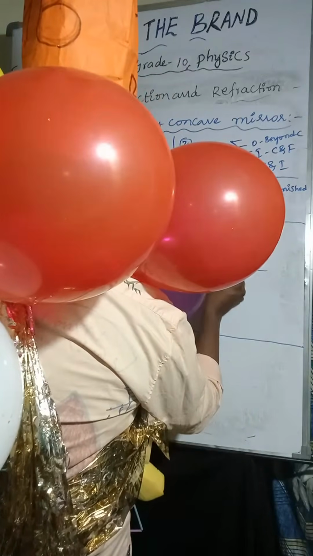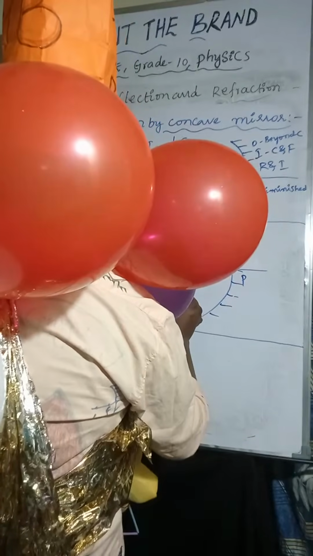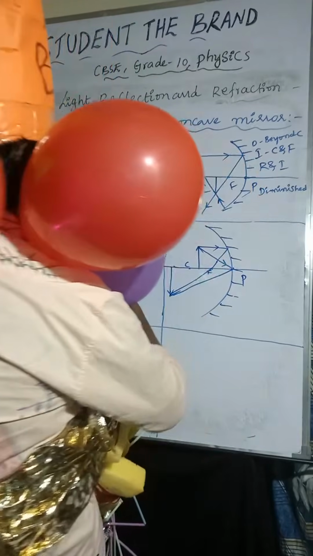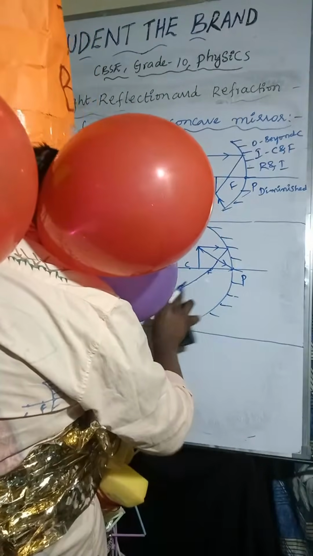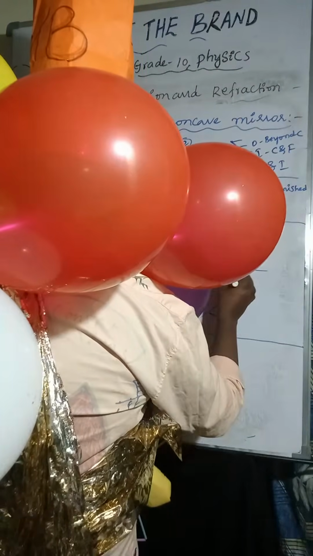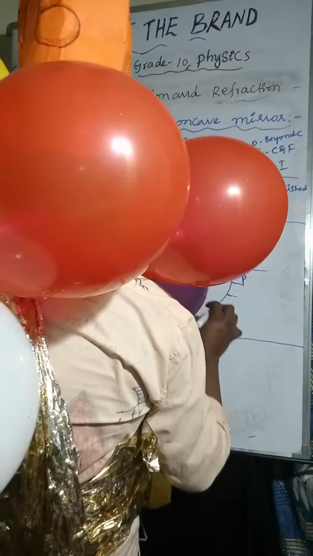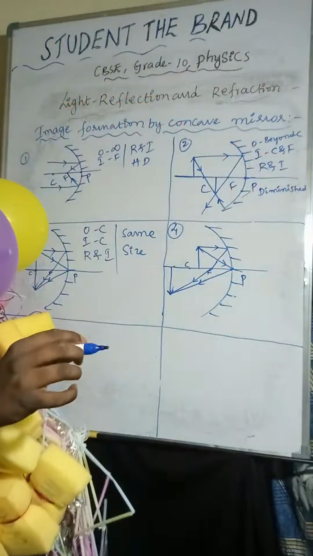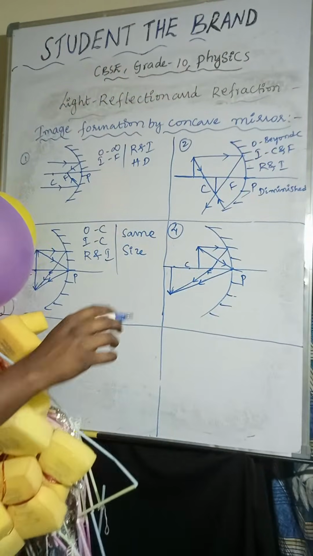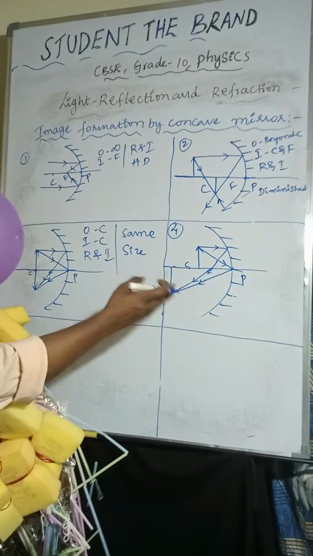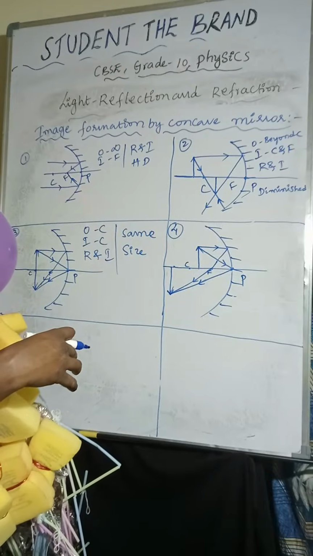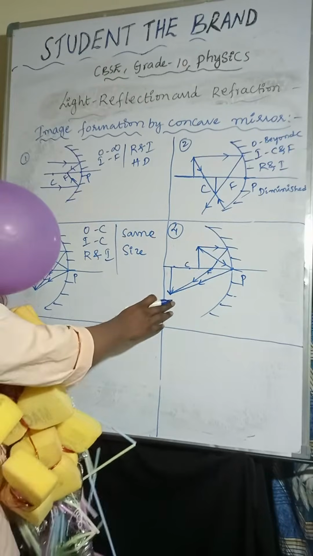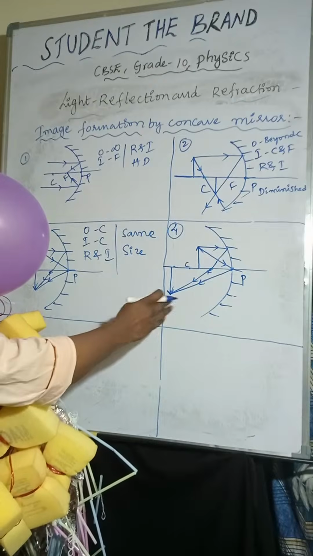Another light ray is incident at the pole, it reflects back. Object is placed between C and F. Image is forming beyond center of curvature. Nature of the image is real and inverted, and size of the image is enlarged.